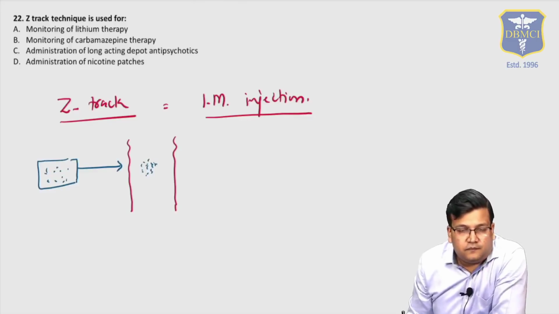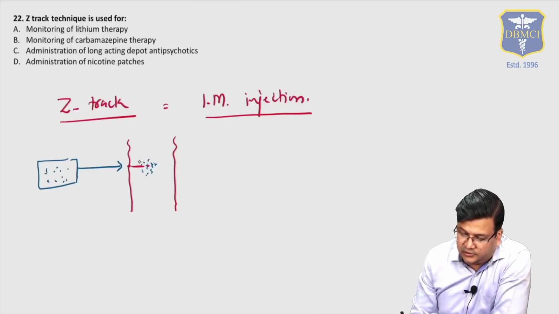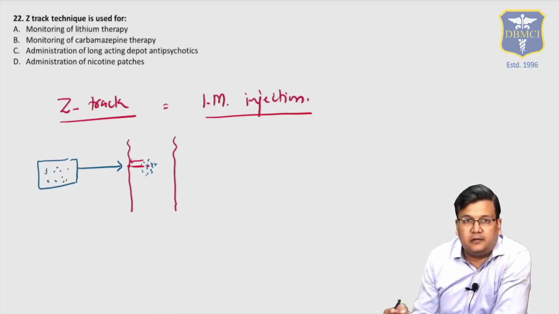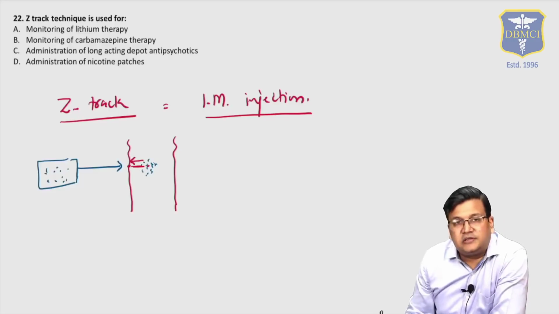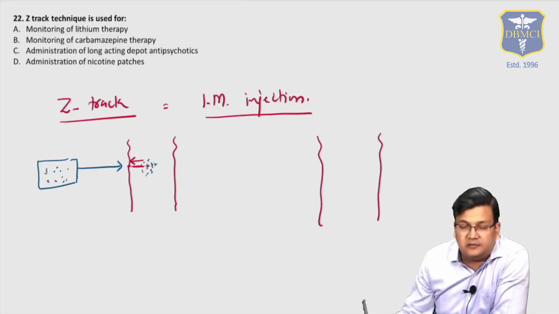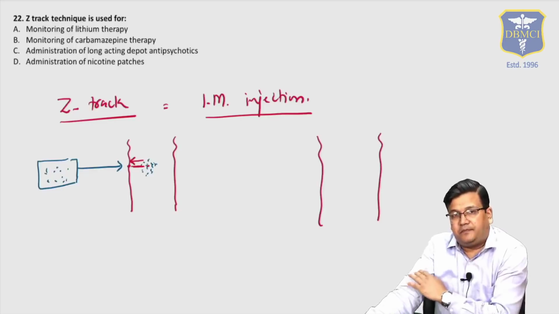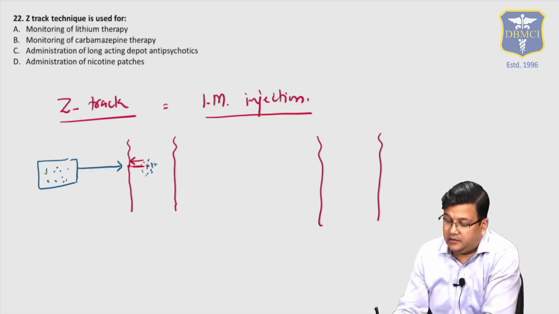When you remove the needle, what can happen is that the point of injection and point of deposition are in a straight line. So some drug can diffuse back from muscle to skin, and this can cause skin pigmentation or irritation. What we do in Z-track is stretch the skin of this part.